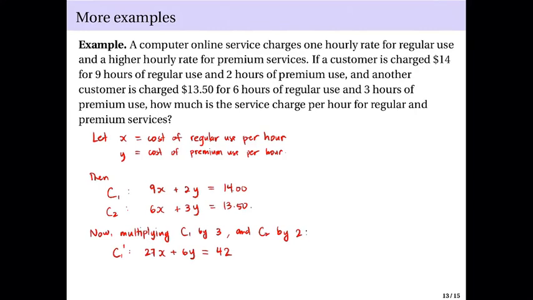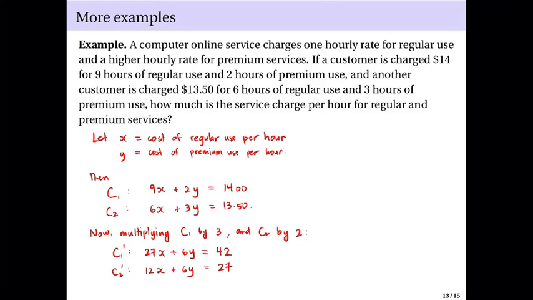And then the second equation, let me label that as C2 prime. We multiply the equation by 2. So we will have here 12x plus 6y, and then 13.50 times 2 is 27.